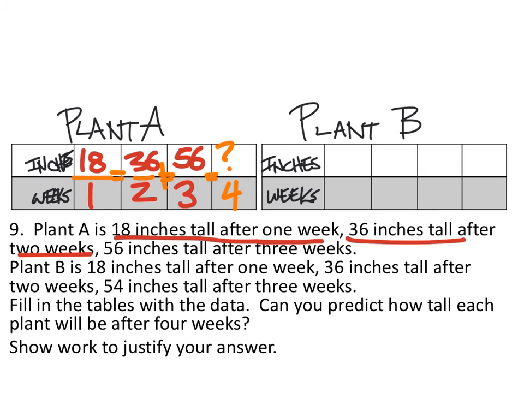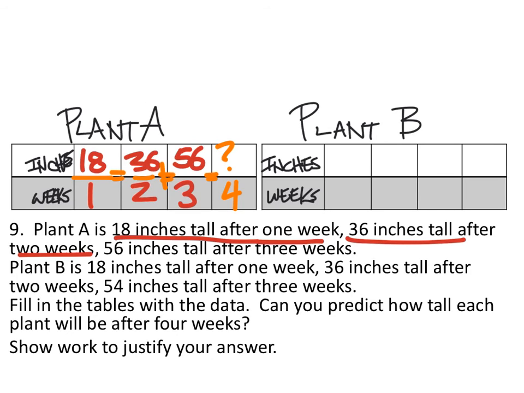But this is an inconsistent pattern, so it's not proportional, first of all, which does not allow us to make the prediction. So it is a little different than what we saw with Eureka, because with Eureka, we know how much it started with, even though it wasn't proportional. We know how much it changed each time, which then allowed us to figure out how much they charged at the beginning.